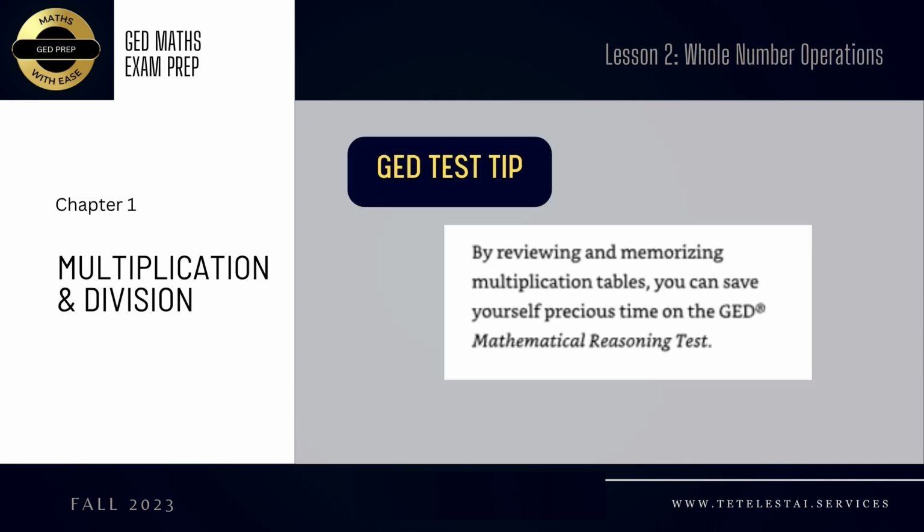So I think this is a really good tip that also comes from the book. Essentially asking you to learn and review your multiplication tables because it will save you a lot of time on the GED, right? Like you saw how we were able to go through these pretty quickly because we know, for example, in this case, 4 times 2 is 8. You write down 8, you draw your line, and you keep doing that until you get to the end of the dividend, right?